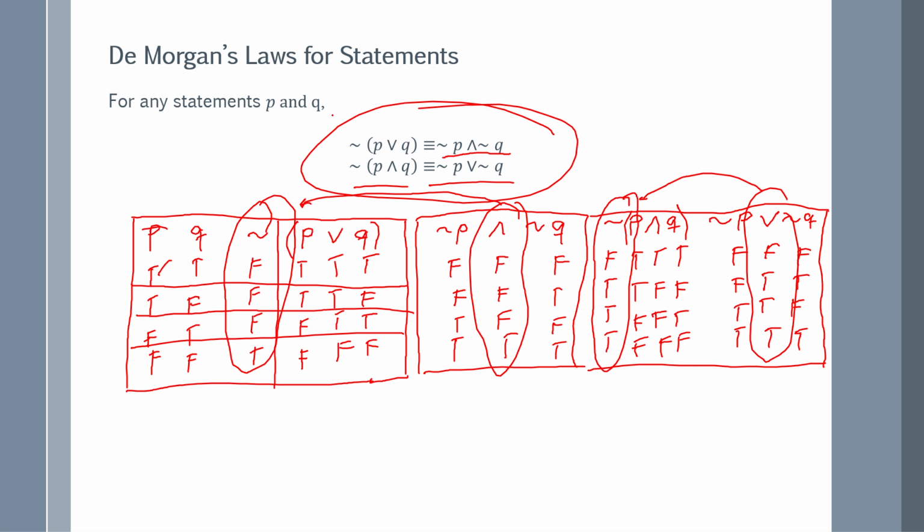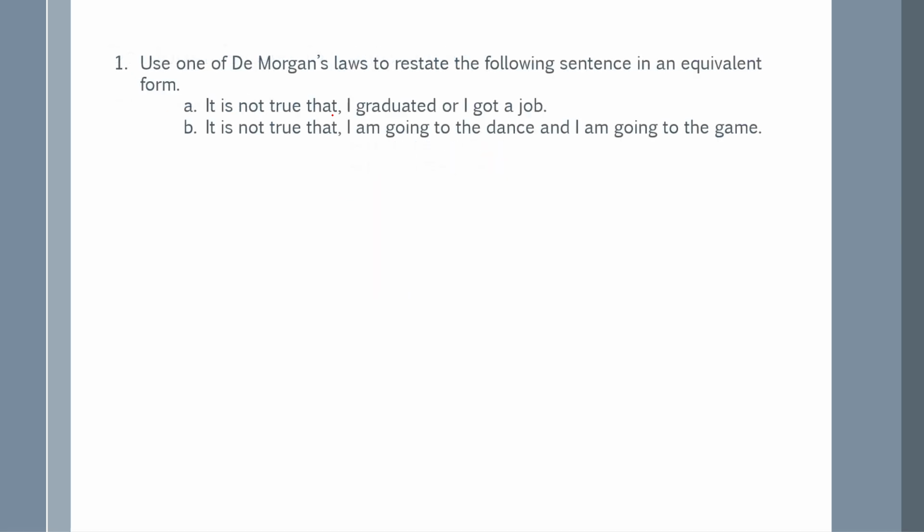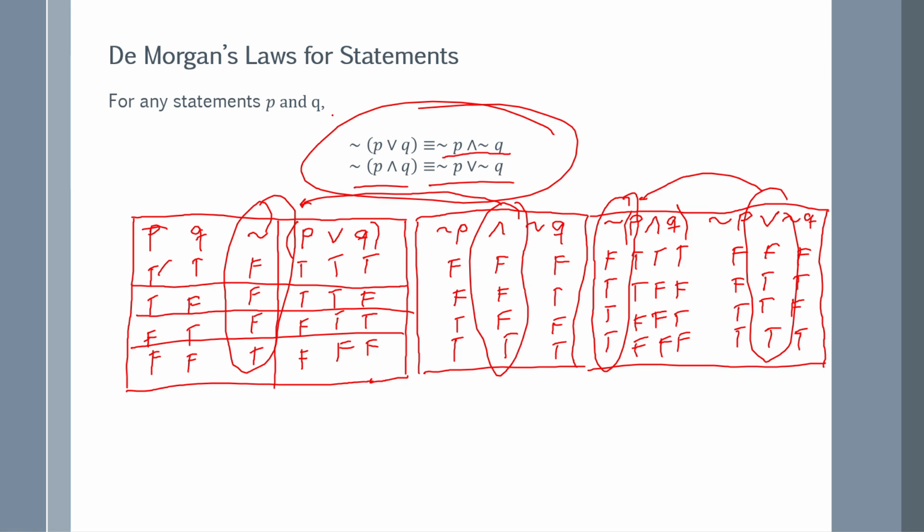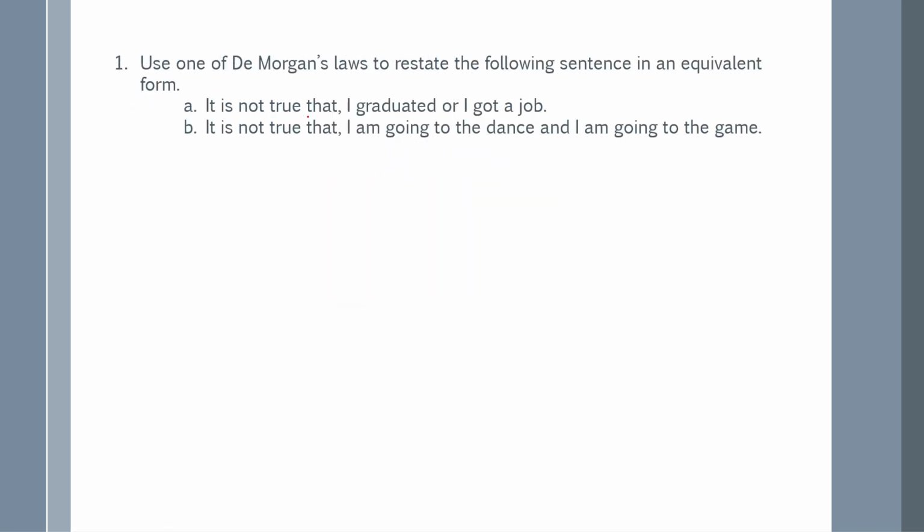So let us apply this. Use De Morgan's law to restate the following sentence in equivalent form. We need to find the equivalent statement. The first statement is: it is not true that I graduated or I got a job.